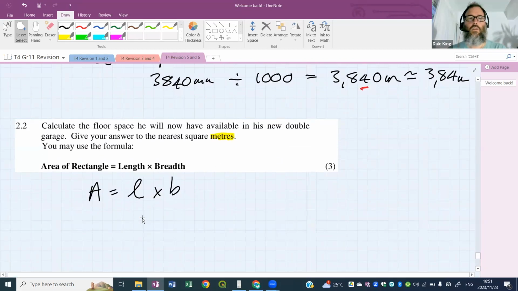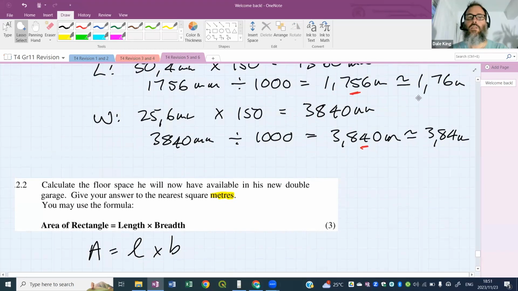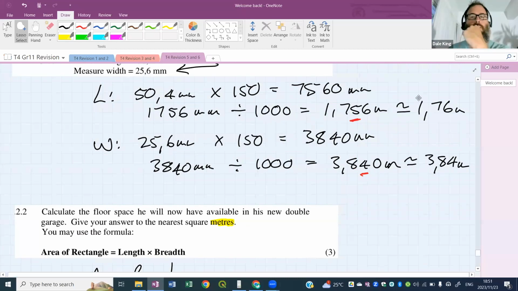So I think this was the length. No, that's not the length. That is the breadth. I've mixed the letters up there. Hold on. Guys, we made a mistake. Did you see that? Our length is supposed to be longer. We got 7560 at the top here, and it changed to a 1756.